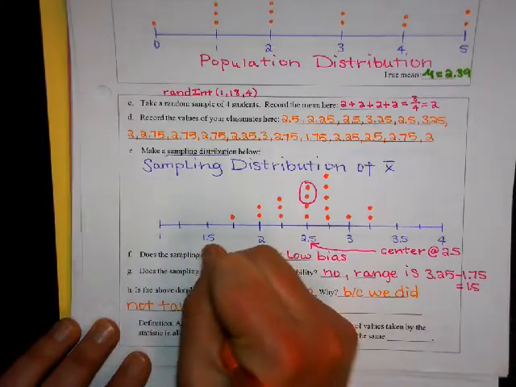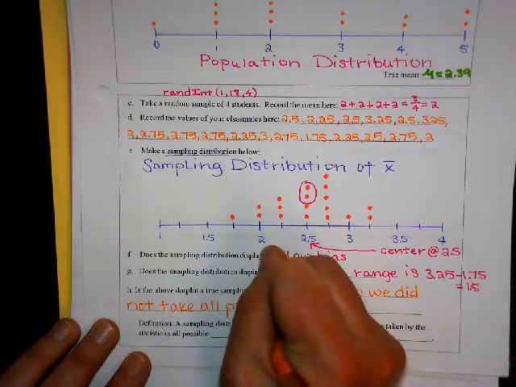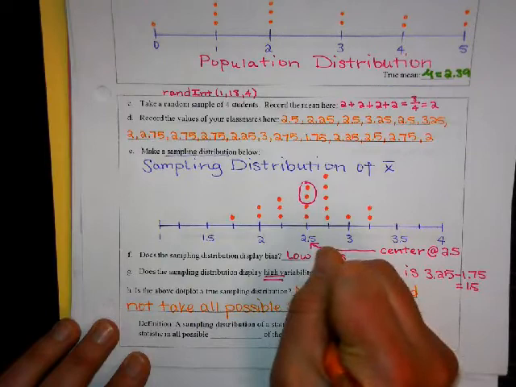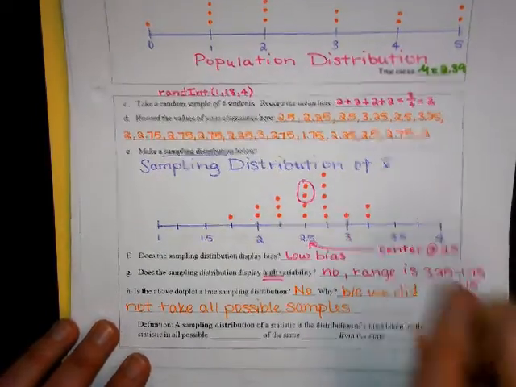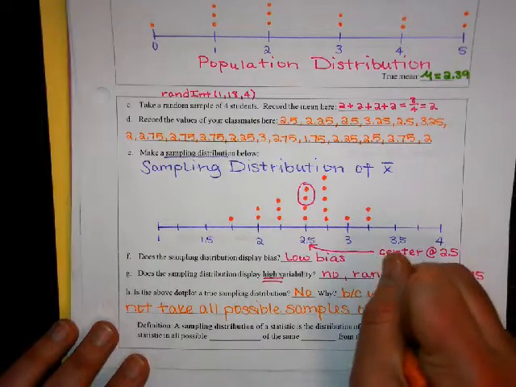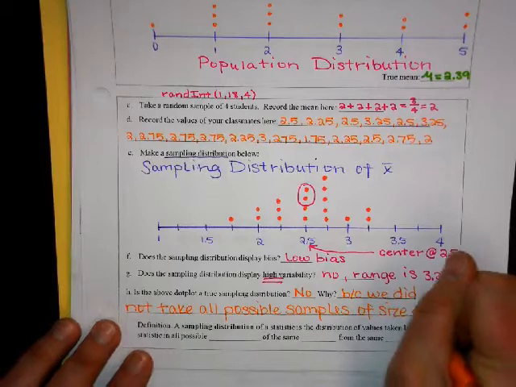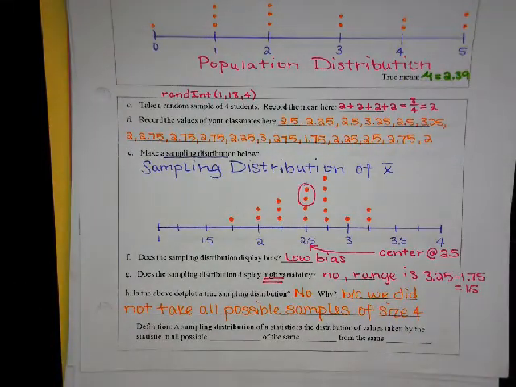Could we take all possible samples of size 4? Nobody wants to answer that one. Abby says no. I agree with you, Abby. I don't know the actual number. We have 18 students.